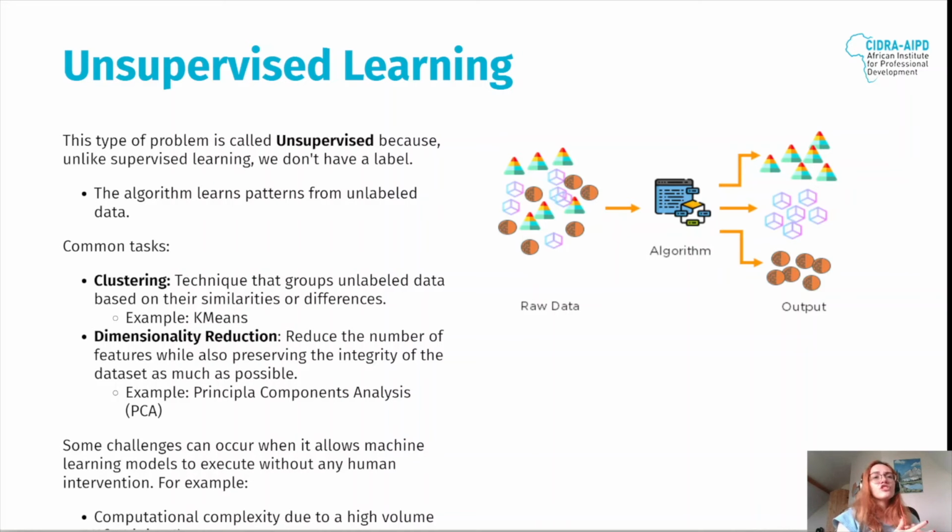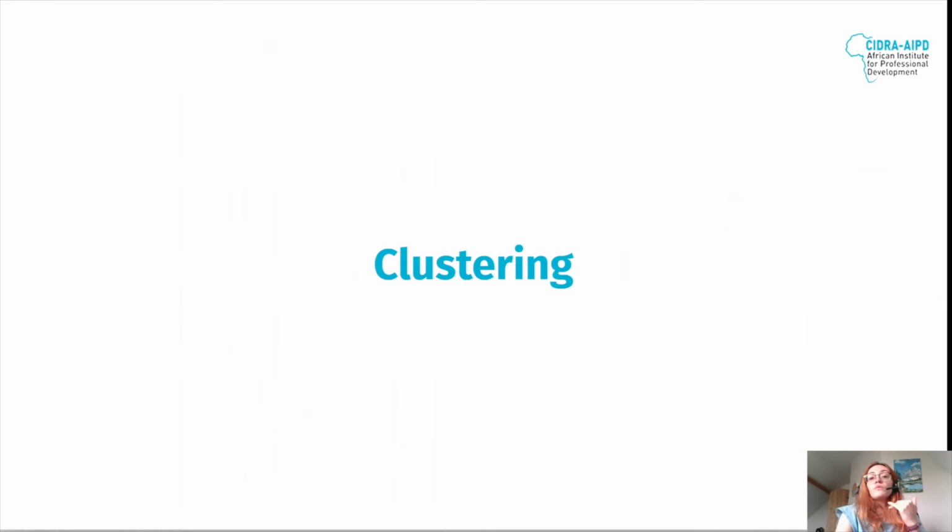But we can have challenges when allowing machine learning models that will execute without any human intervention. And we have a lot of computational complexity due to a high volume of data. And so let's start actually diving deeper into some of the models that we're going to see here.